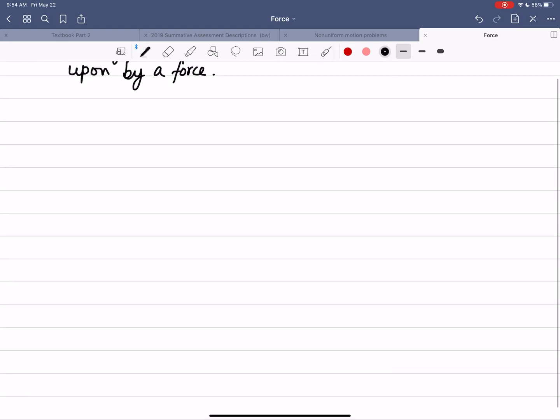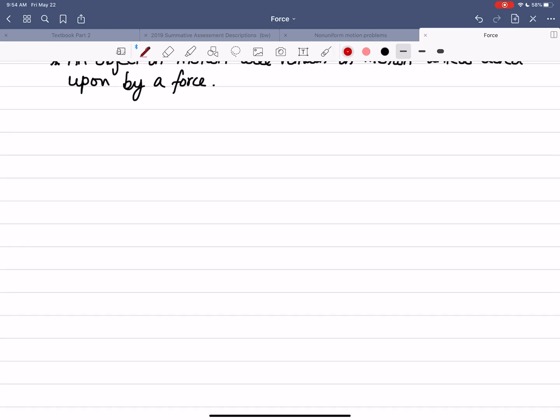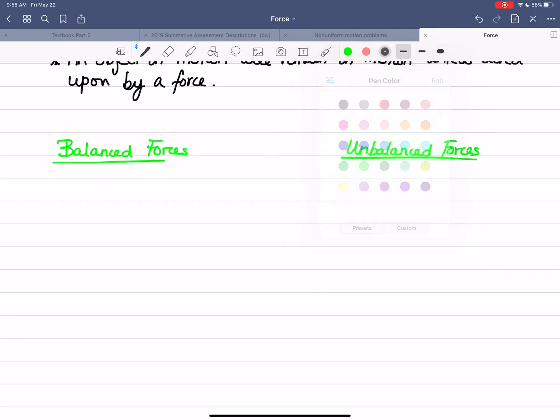Right, so let's take a look at what it means by balanced versus unbalanced force. So when we talk about a balanced force, these guys are going to be equal in magnitude.